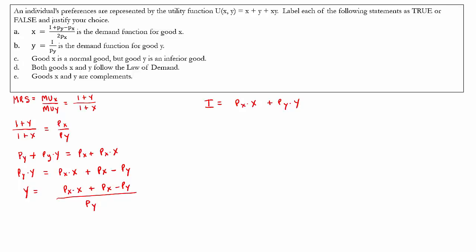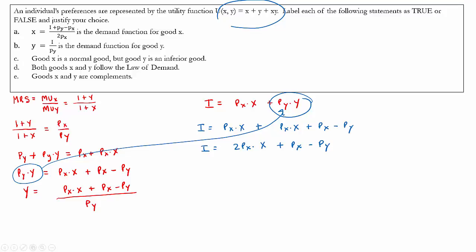I personally find it easier with a functional form for utility like this to recognize that I've already solved here for p of y times y, and so I can plug it in up here in the budget constraint for p of y times y. If I follow that approach, here's what I get. Now we solve for x. And there you have it. That's the demand function for good x, making statement A a true statement.